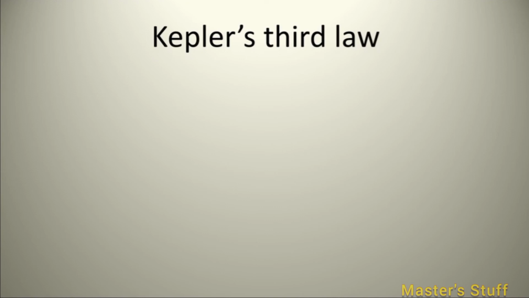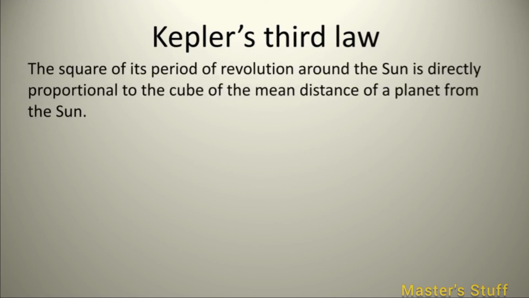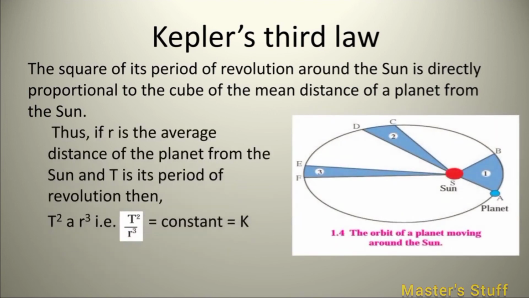Kepler's third law. The square of its period of revolution around the Sun is directly proportional to the cube of the mean distance of the planet from the Sun. That is, if r is the average distance of the planet from the Sun and t is its period of revolution, then t square is directly proportional to r cube.